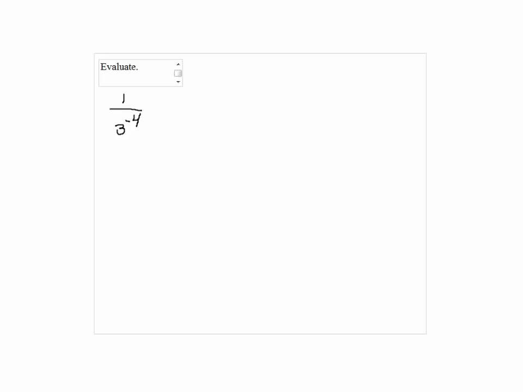Evaluate 1 over 3 to the power of minus 4. Recall a to the power of minus n is equal to 1 over a to the power of plus n. Or if you have 1 over b to the power of minus n, the same as b to the power of plus n over 1.